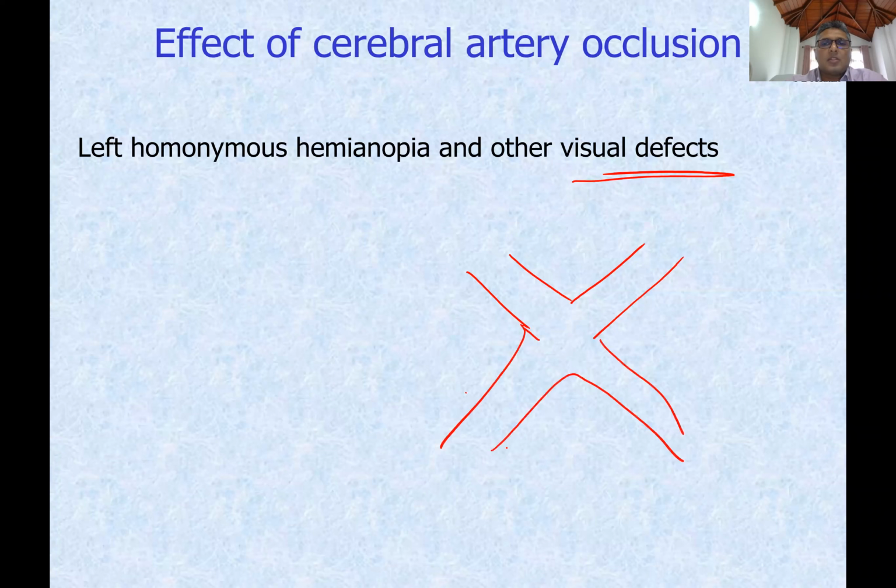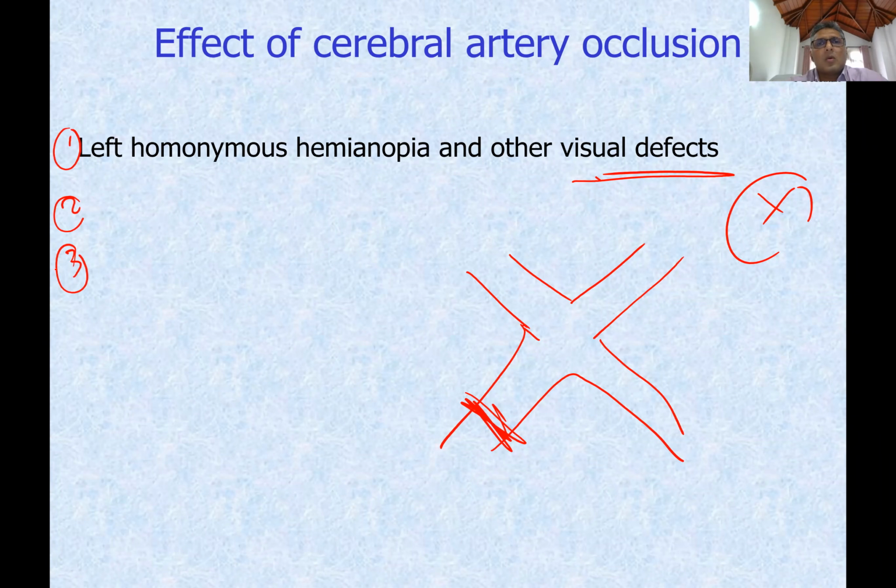So even if you damage the optic tract, you get homonymous hemianopia, an opposite side visual defect. That type of thing can be seen when you have posterior cerebral artery occlusion as well. Then you have other features of posterior cerebral artery occlusion listed out to direct you towards it.